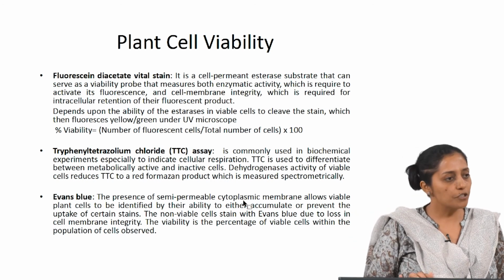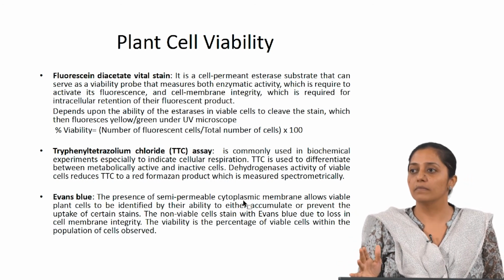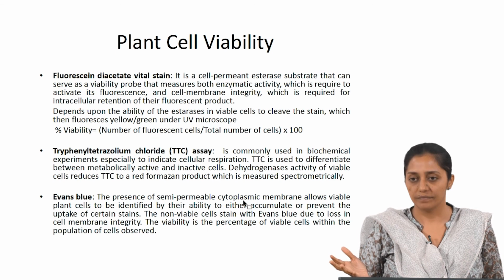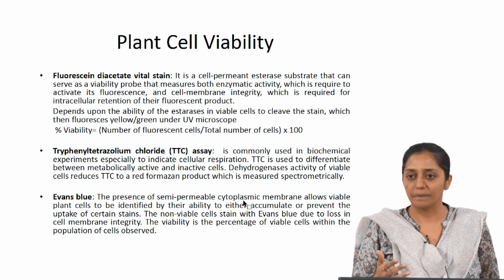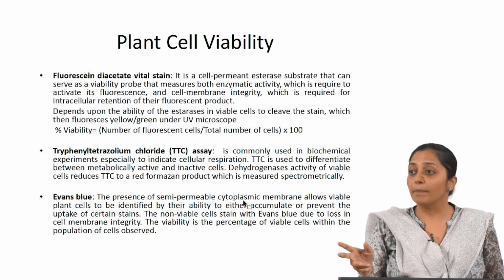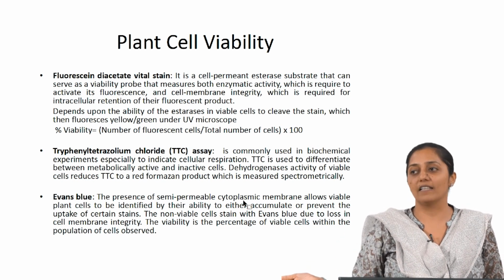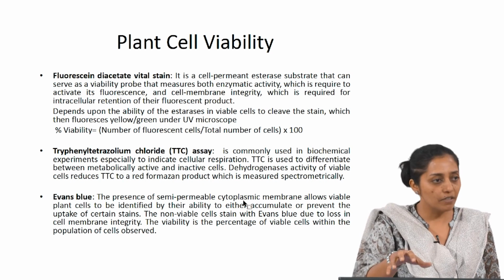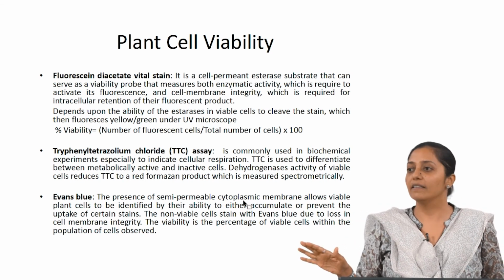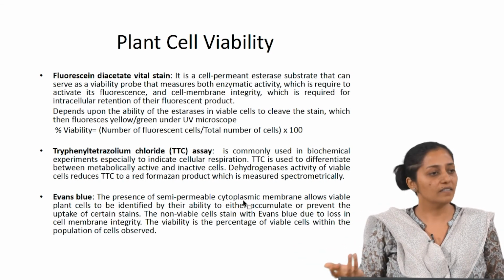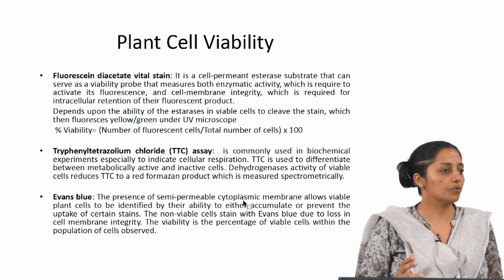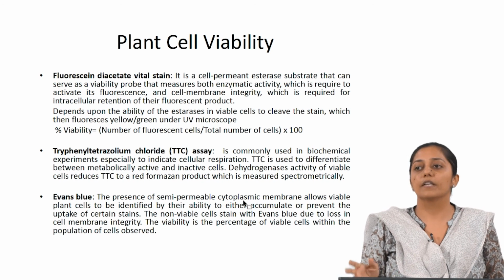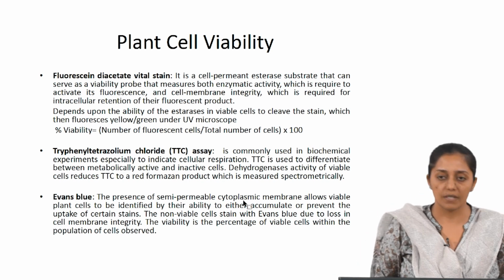In Evans blue, dead cells become blue. Because the cell membrane integrity of the non-viable cells is not there, the dye will be able to get in and stain the cell. So, that is why Evans blue can be used for determining the viability of plant cells.